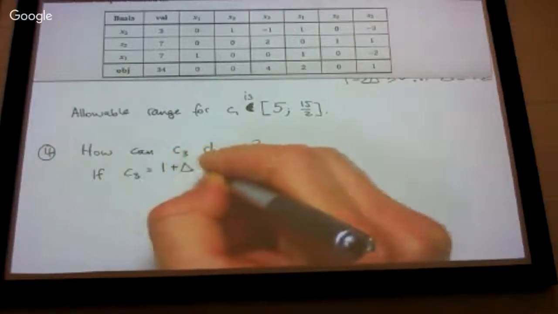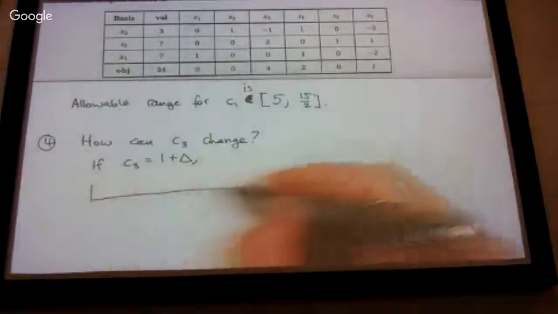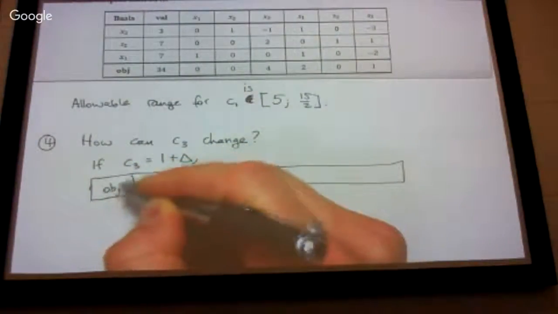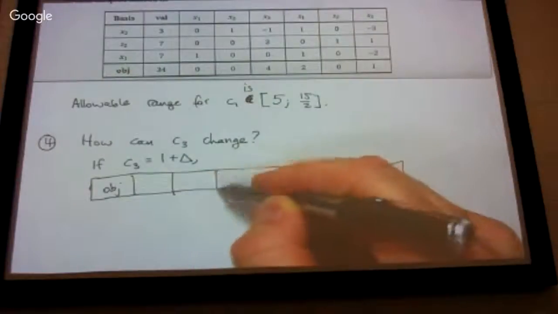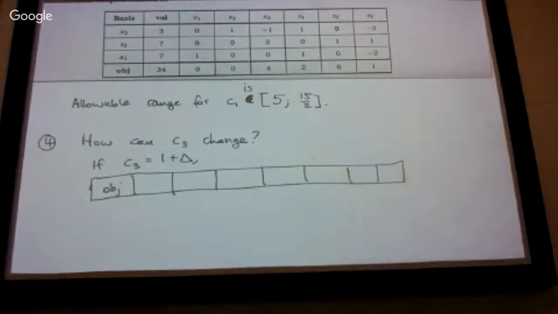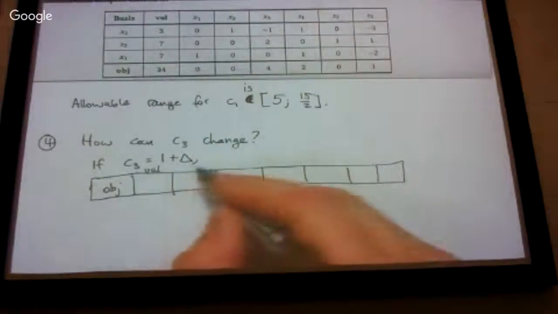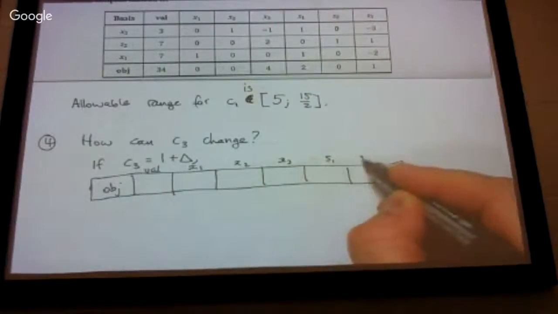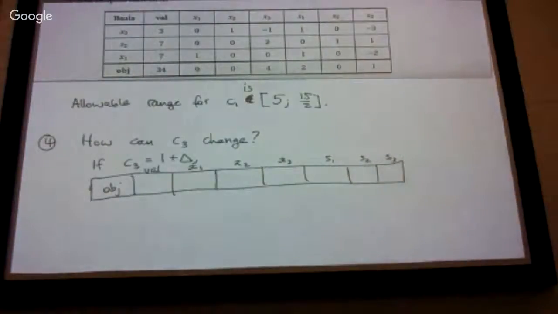If it changes by delta, then the objective row is going to look like this. What's it going to look like?